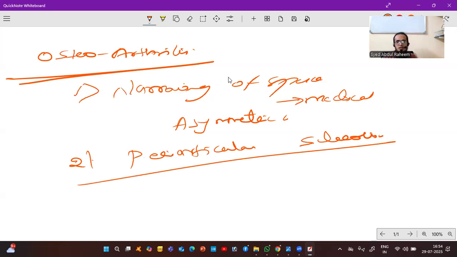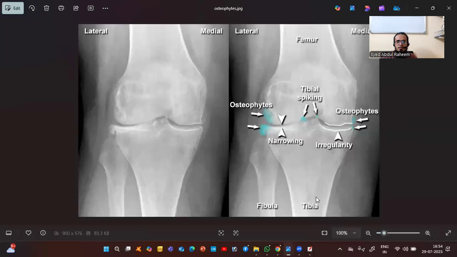What is meant by periarticular sclerosis? In that image, there is a chance of overgrowth of fibrous connective tissue, or you can say hardening of the bone tissue.